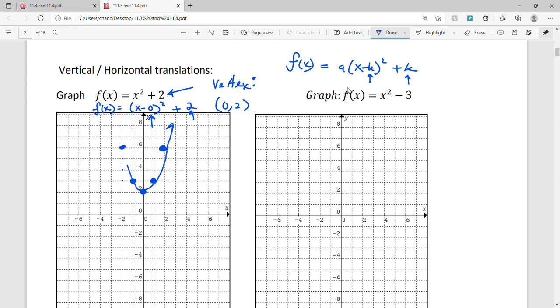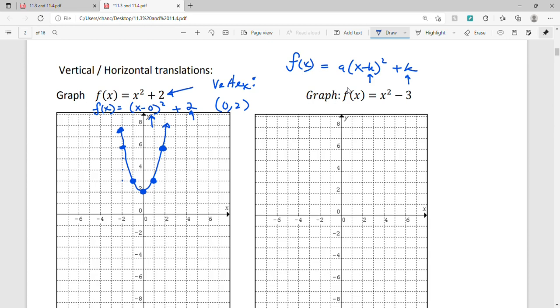So we'll sketch our parabola here. Let's redo this to look a little bit better. Here you go. This is a little bit better. So this is the graph of a parabola. Again, the shape is exactly the same as the parent graph, it's just shifted up 2.